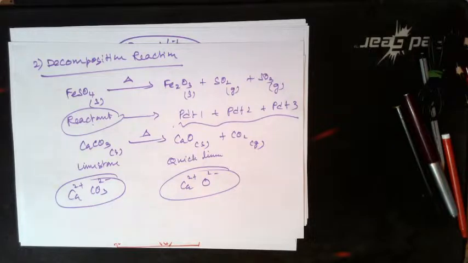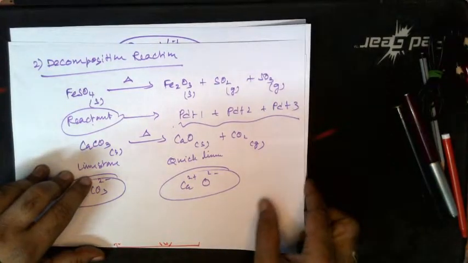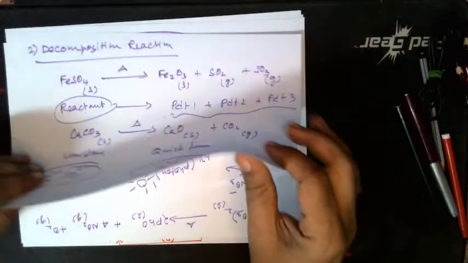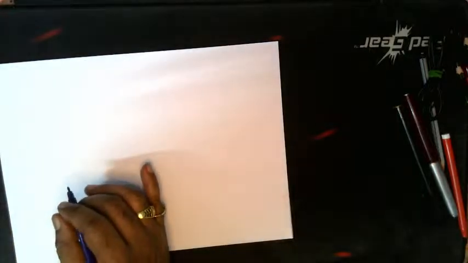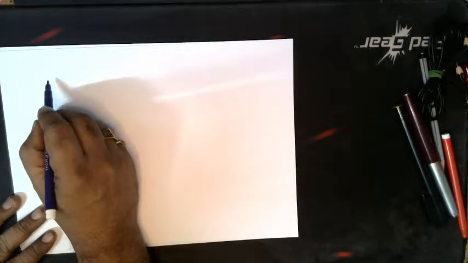But this can also be called redox reaction. Why? Because there is a change in oxidation number. Whenever a reaction is accompanied by a change in oxidation number of the elements present, it can be called redox reaction.